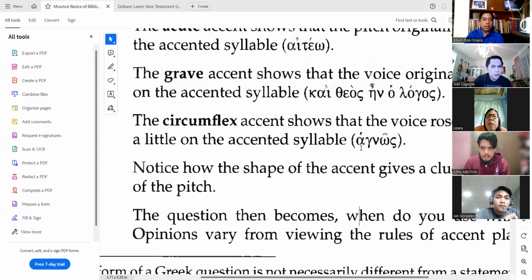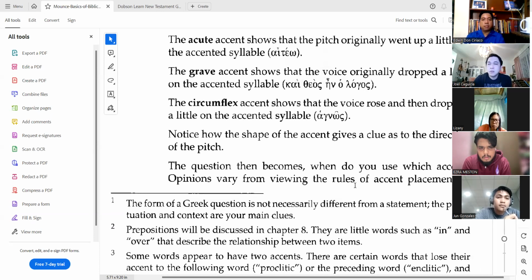It's just to show that you do not read it as a regular vowel. So it's just vibrating practically. So you do not read this as ha. That's the regular one, without the circumflex. Okay, notice how that goes.